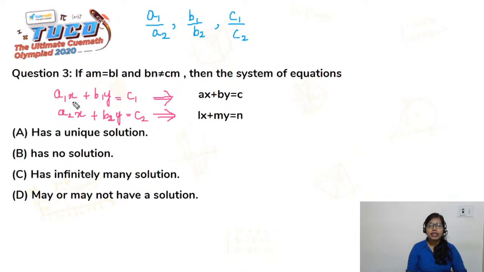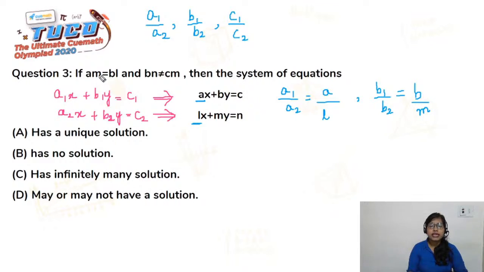As you all can see, if I calculate a1 over a2, what's a1 here? a1 is a here and a2 is l here. So a1 over a2 can be written as a over l. And b1 over b2 is nothing but b over m. Correct? b over m.